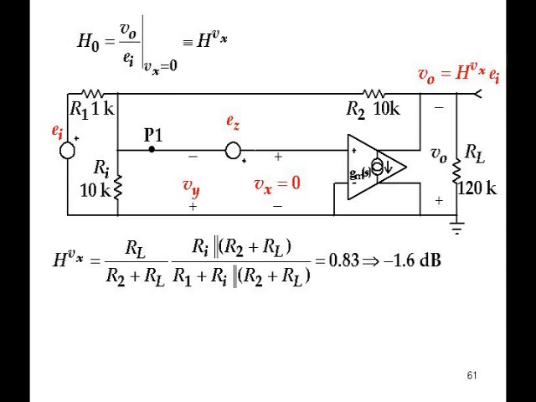So that output current source is 0. So all you're left with to find VO is a pair of dividers. The RL is a divider back to point P1. P1 is a divider back to EI. So it's simply the product of two divider ratios. And the answer is a little under unity for these particular numbers.